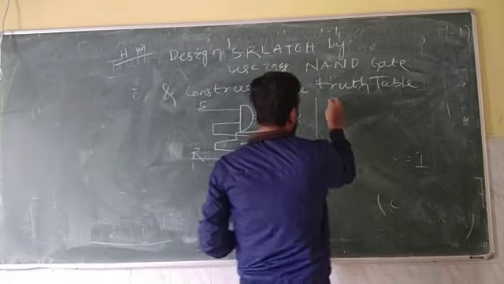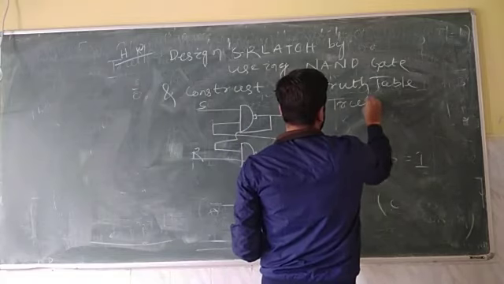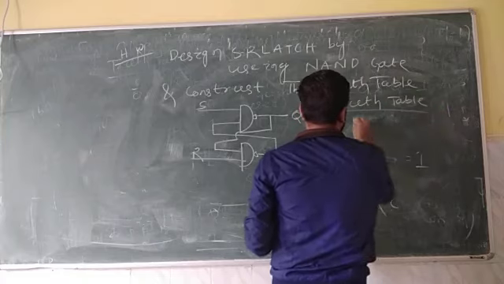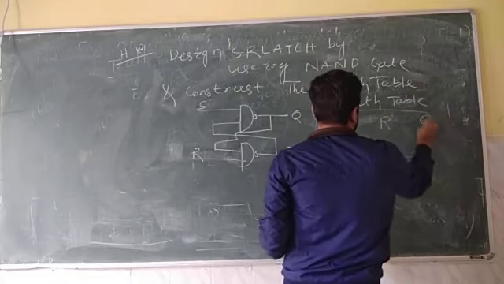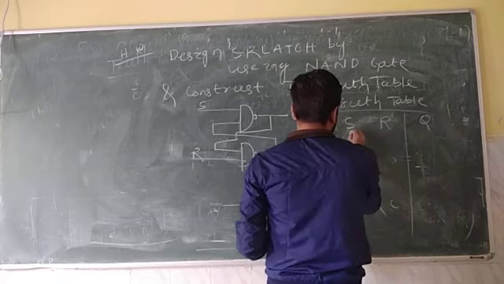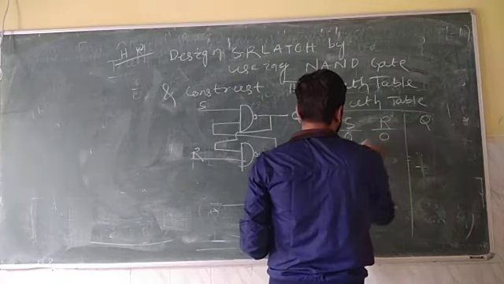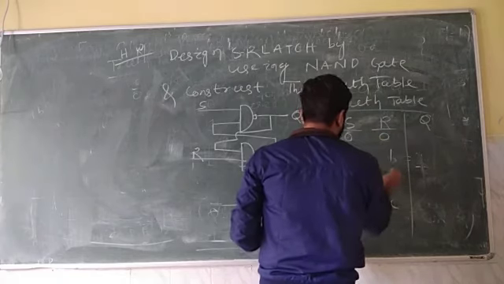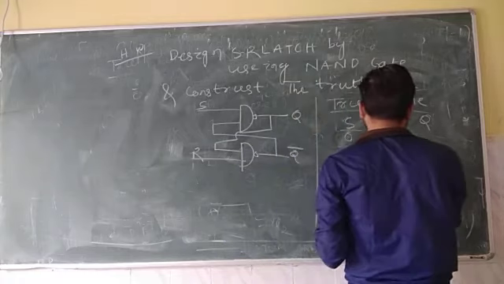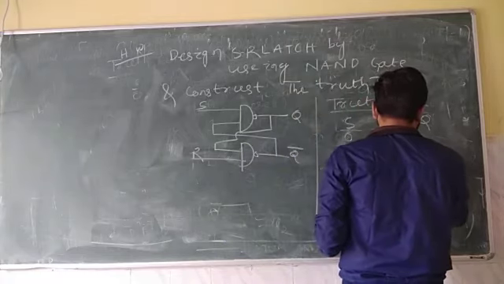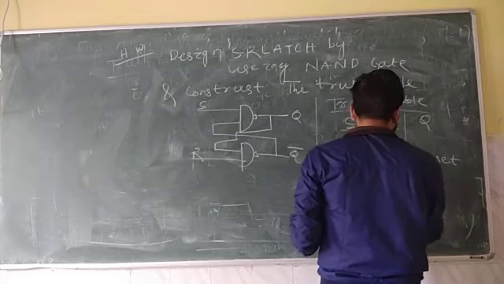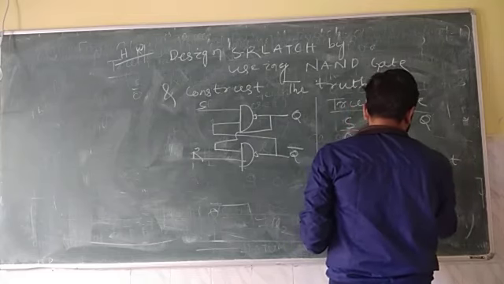I am going to draw the truth table for you also. That is S, R and Q. When S is equal to 0, R is equal to 0, then 0 1, 1 0 and 1 1. When S is equal to 0, R is equal to 1, this is your reset. 1 0 is your set.